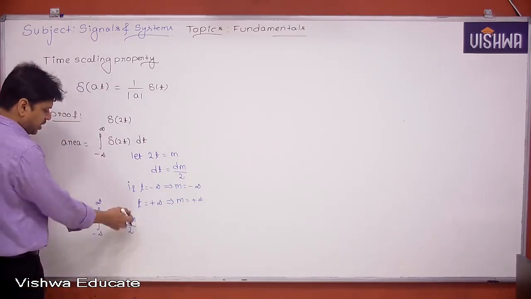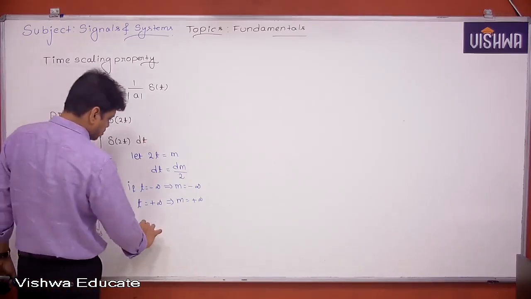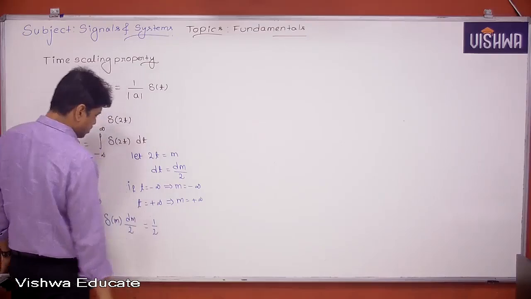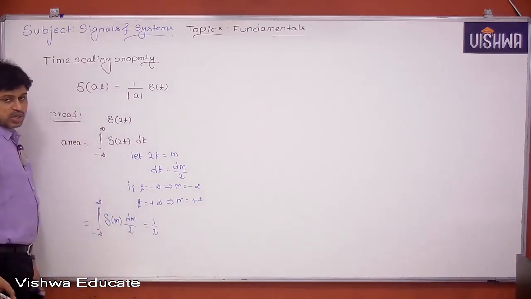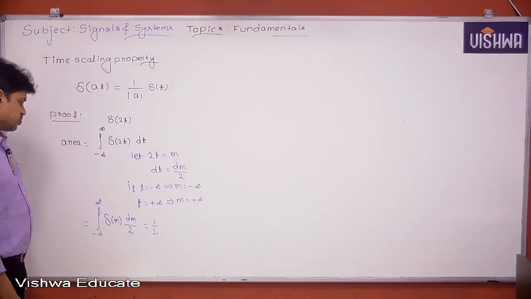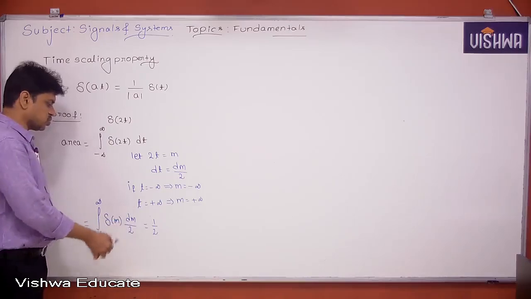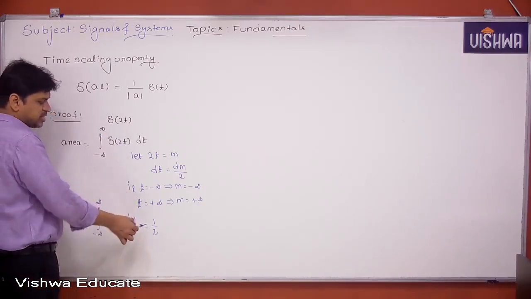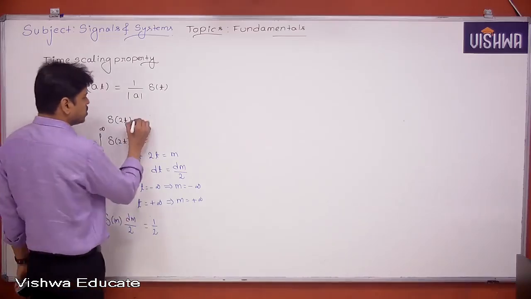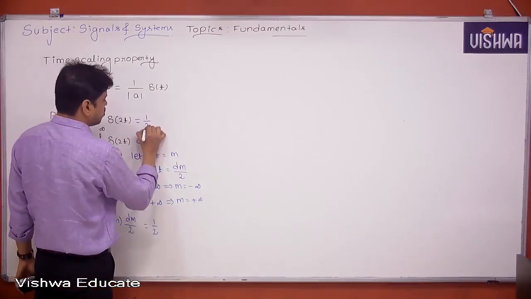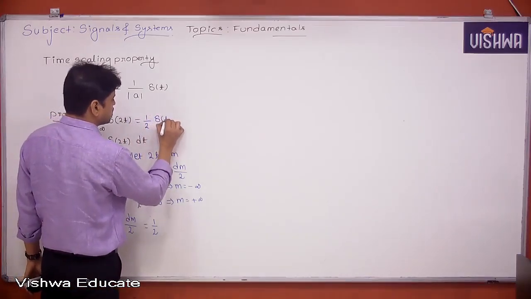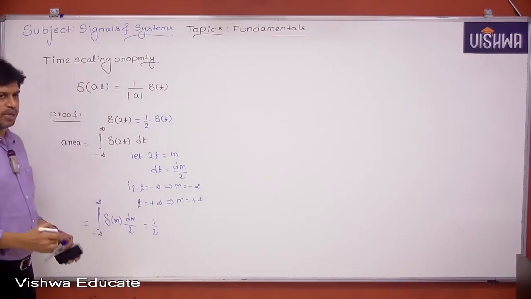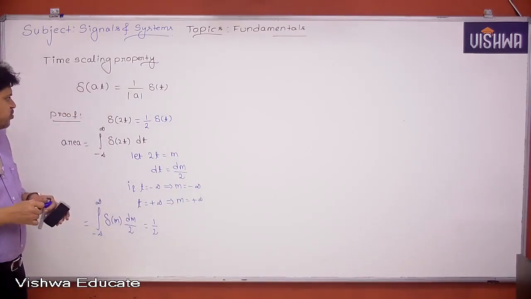Taking 1 by 2 common out, 1 by 2 is the area, because the area under the impulse function delta m dm is always 1, but we have a factor 1 by 2. So this is also an impulse function, but its area is equal to 1 by 2. So I can rewrite this as 1 by 2 delta t. Sir, then why have we written modulus?